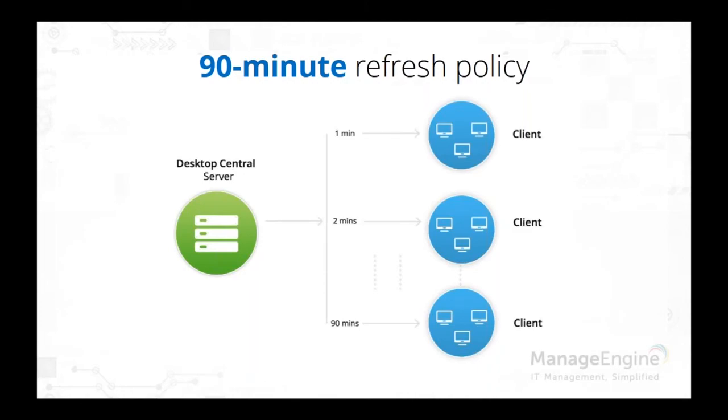Similarly, in a 900 machines environment, 10 machines communicate to the server per minute or in 1 instance. And in a 9,000 machines environment, 100 machines will reach the Desktop Central server per minute. This is to ensure that the bandwidth does not get choked on agent server communication.